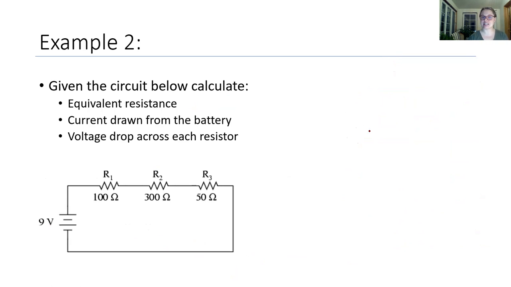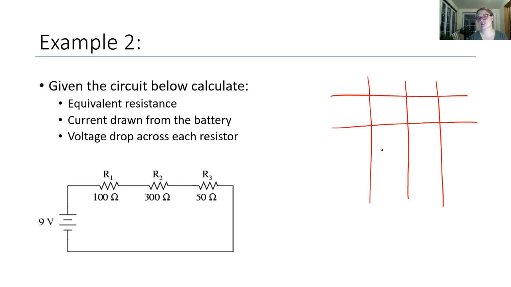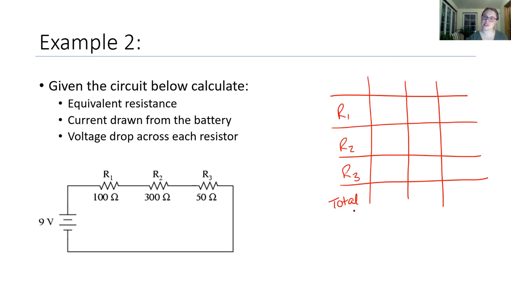Let's look at a second example. This time we only have 3 resistors. So I'm going to set up the same kind of chart. So we have our total, resistor 1, resistor 2, resistor 3, and we have voltage, current, and resistance.